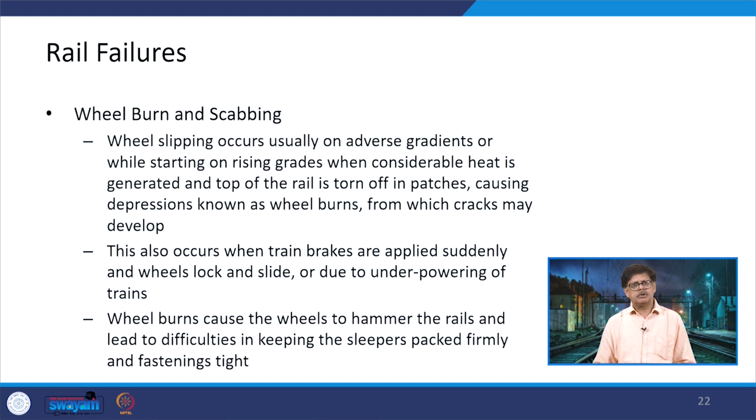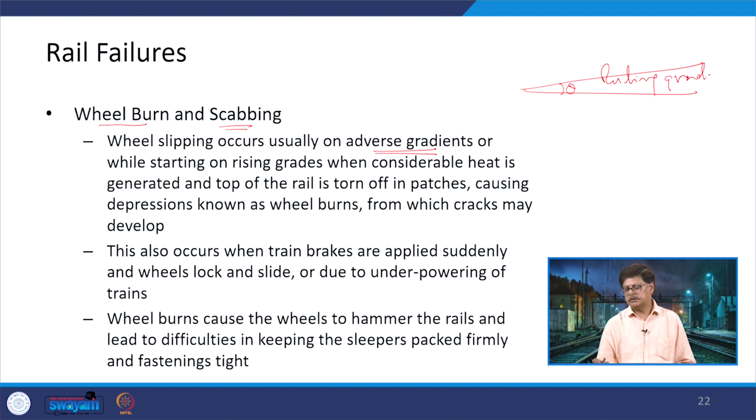Now, let us talk about some of the specific rail failures here. The first one which we are talking about is the wheel burn and then the scabbing. Now, when these wheel slips occur, usually on an adverse gradient, we usually talk about a ruling gradient at some angle theta. So, this is defined as a ruling gradient.